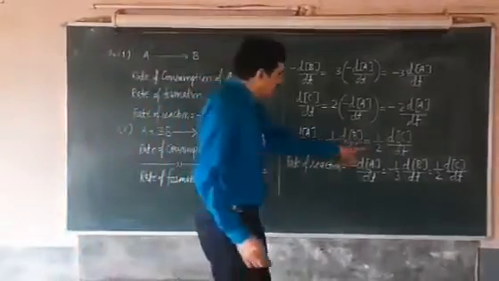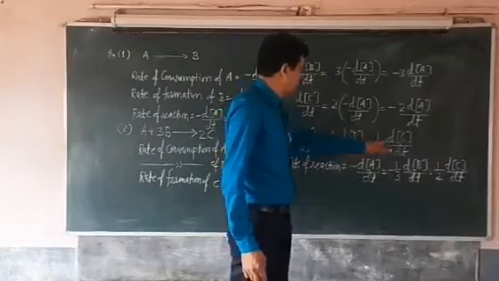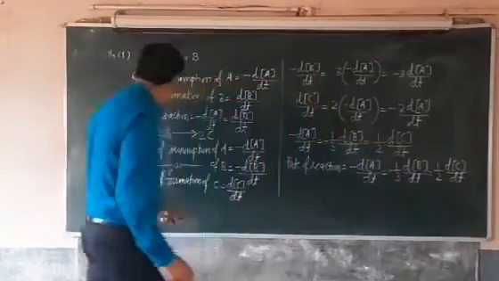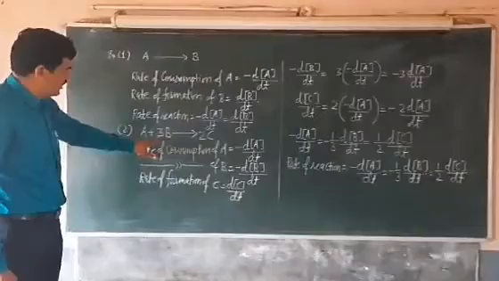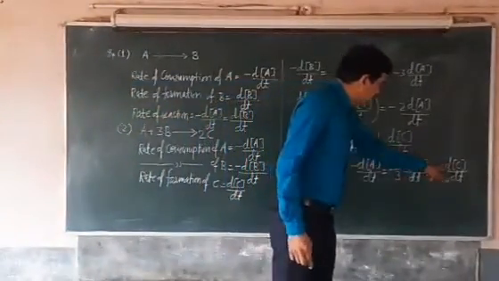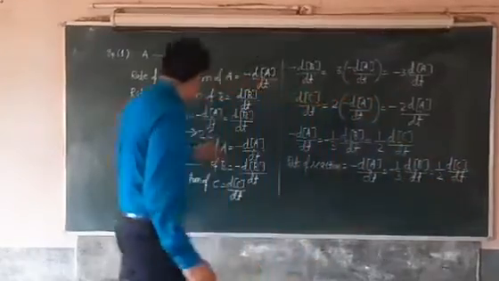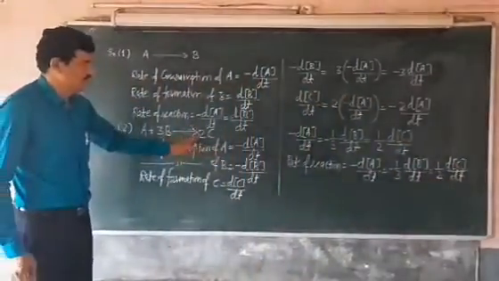Here, the rate of consumption of B, which is equal to minus dB by dt, is divided by its stoichiometric coefficient 3. And here, the rate of formation of the product C, which is equal to dC by dt, is divided by its stoichiometric coefficient, which is equal to 2.